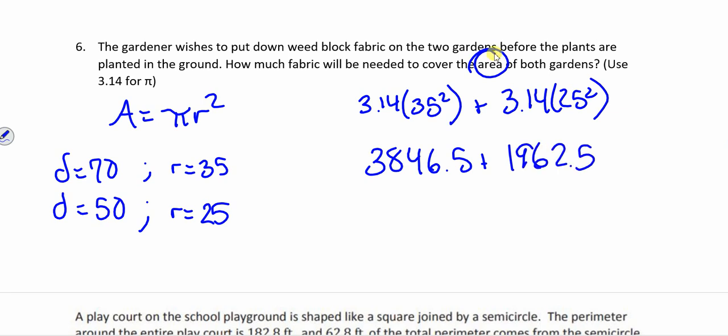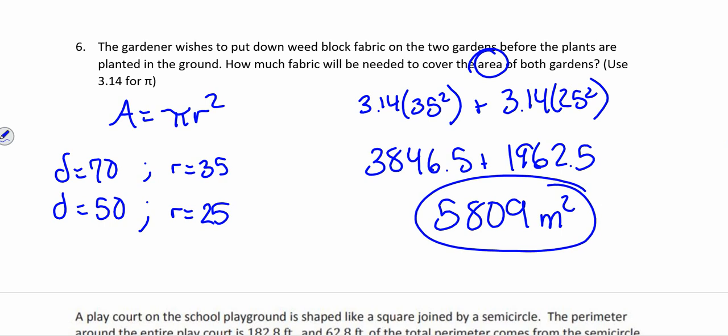And then you're going to add those two numbers together, and you get a beautiful number of 5,809 square meters. So that solves up through 6.